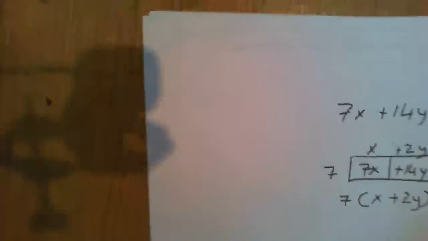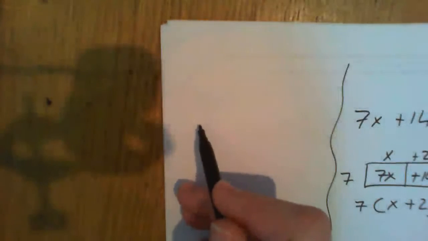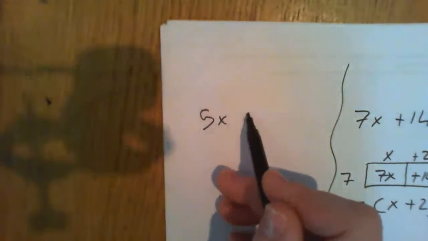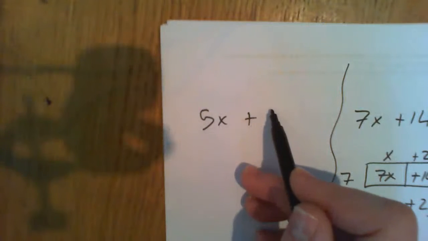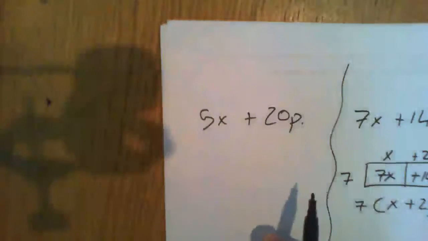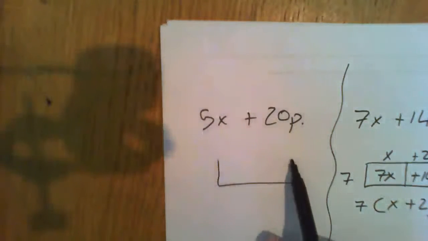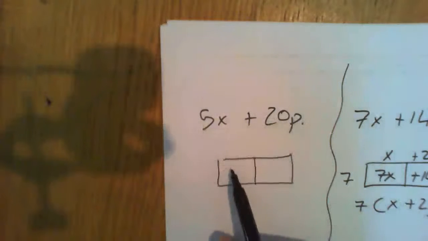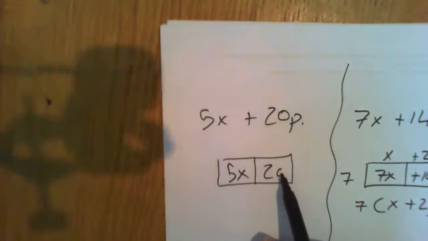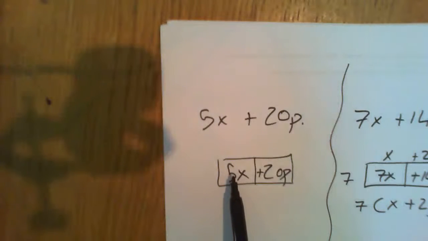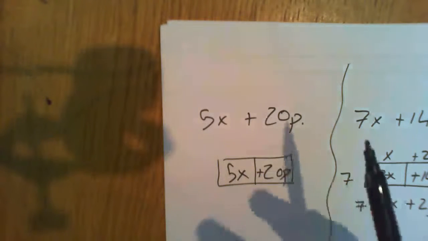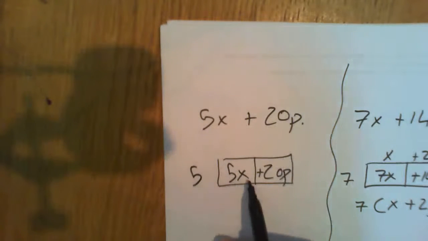Okay, we'll try another one over here. 5x plus 20p. So create your box, put your thing inside it. Don't forget the sign. So what's the highest common factor of 5 and 20? Well, it's 5.